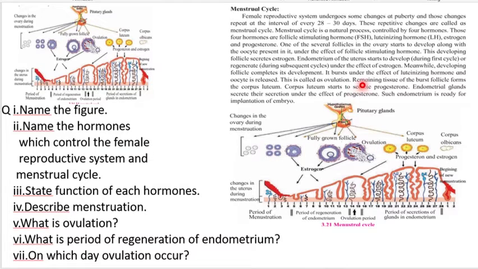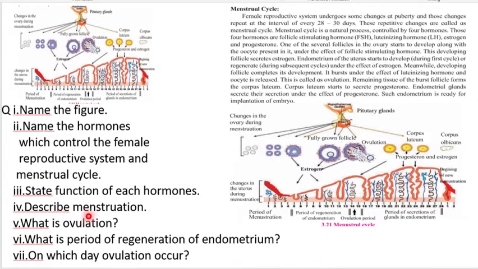Now, the remaining tissue of the burst follicle forms the corpus luteum. Here, the corpus luteum starts to secrete progesterone and under the effect of progesterone, the endometrial glands secrete their secretion, and such endometrium is ready for the implantation of the embryo.